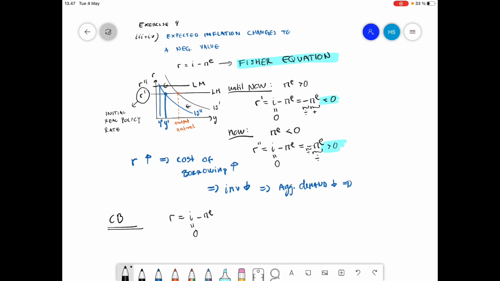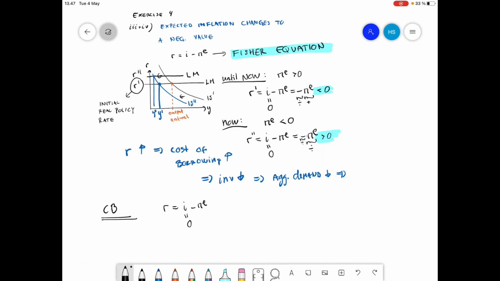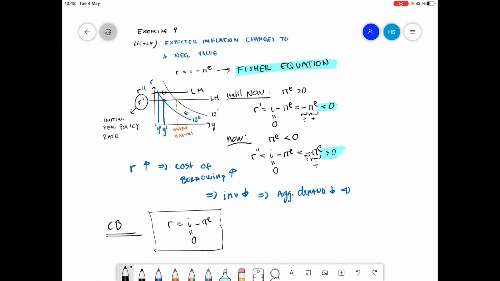The only way of bringing output back again would then be to introduce some fiscal policy to increase G, but this would not make the deficit any better. So the deflationary spiral will probably continue, unless the government stops focusing on the deficit and starts increasing government spending in order to generate some economic activity and bring about an increase in output.